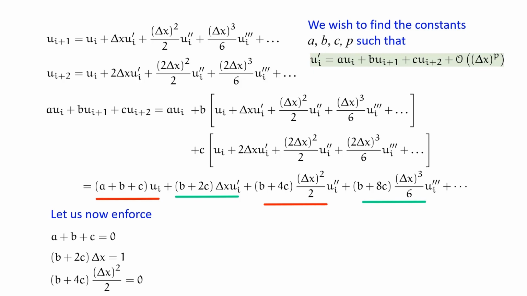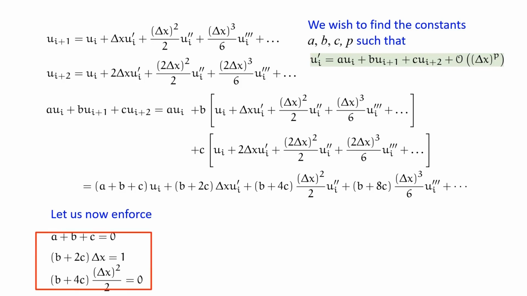Our goal now is to select a, b, c in such a way that a plus b plus c equals 0, b plus 2c multiplied by delta x equals 1, b plus 4c multiplied by delta x square by 2 equals 0.